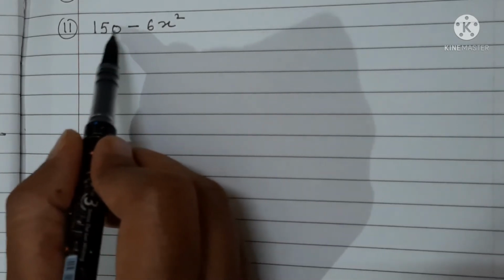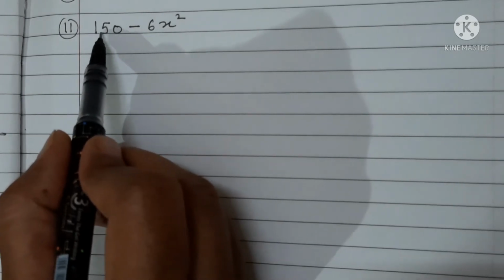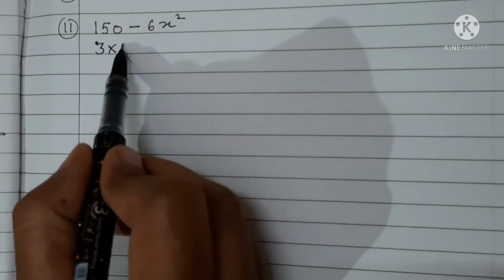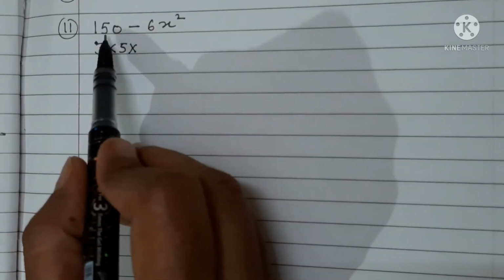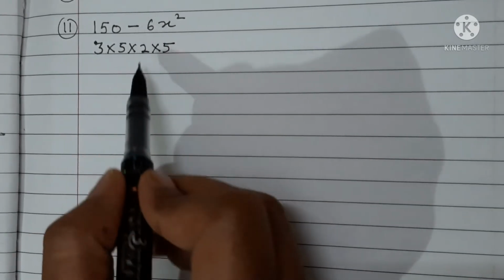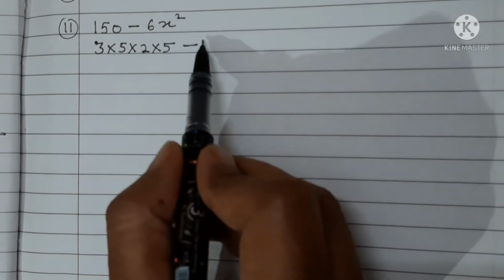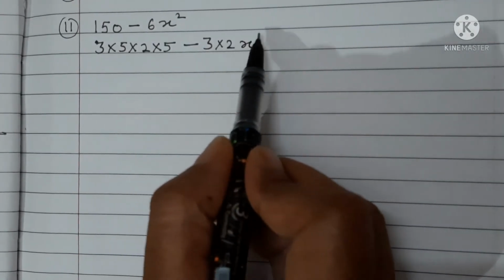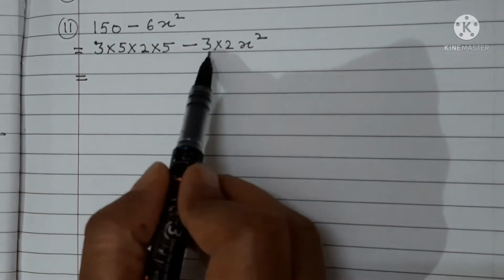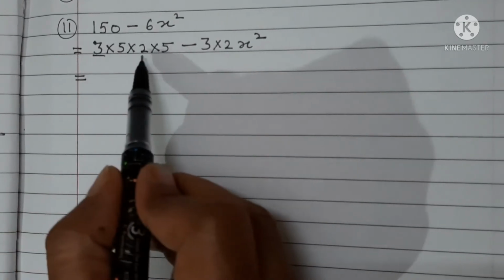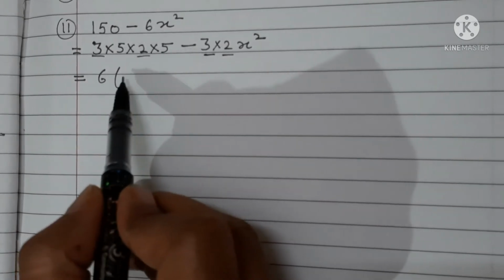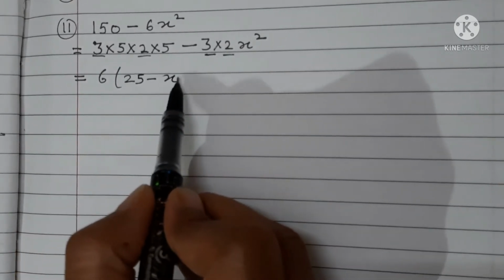If this is divided by 3, you can write 3 5s are 15, so 3 into 5 into 10, and 10 you can write as 2 into 5, minus 3 into 2x square. Now taking out the common factor, 3 and 2, so 6, and in the bracket 5 5s are 25 minus x square.